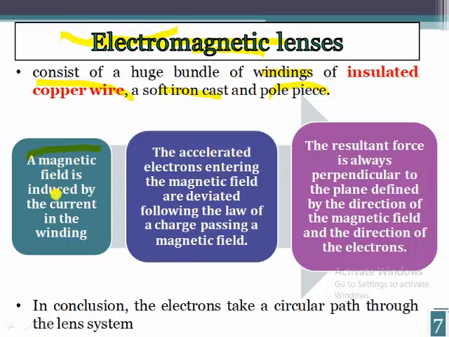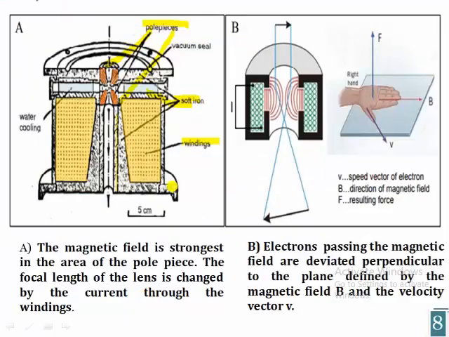The magnetic field is introduced by the current in the winding. Here there is a copper winding. After applying current, it will produce a magnetic field over here, which comes directly to the pole pieces.